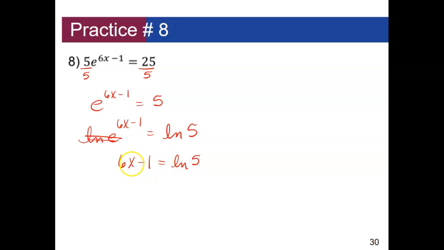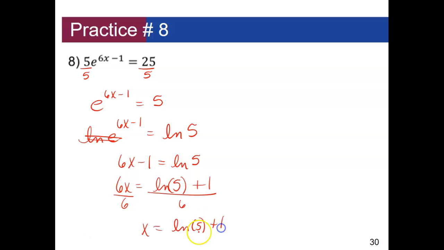Okay, so we're going to get x by itself by first adding 1. Again, don't combine these two together. They don't need to be combined together. Divide by 6. And so x is going to be the ln of 5 plus 1 over 6.